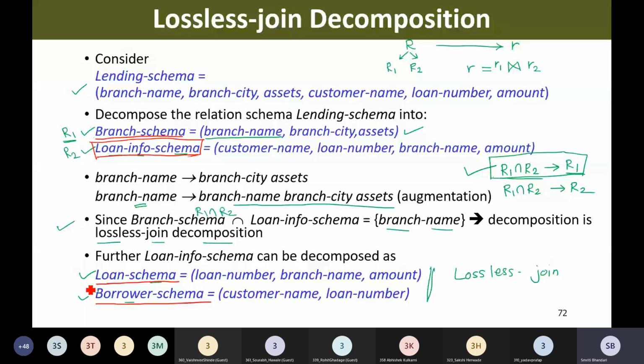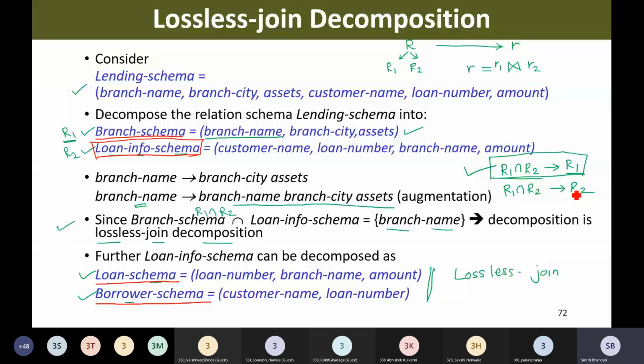So what is the common attribute in these two relations? Yes? Loan number.